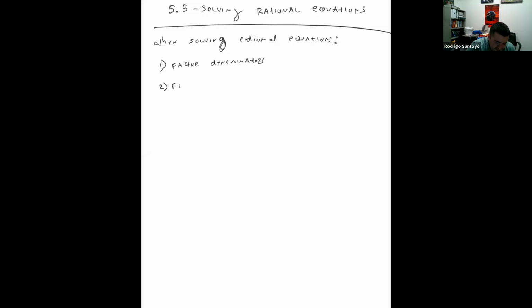Then find your LTD. Then multiply each fraction by what it's missing in order for it to look like the LTD.